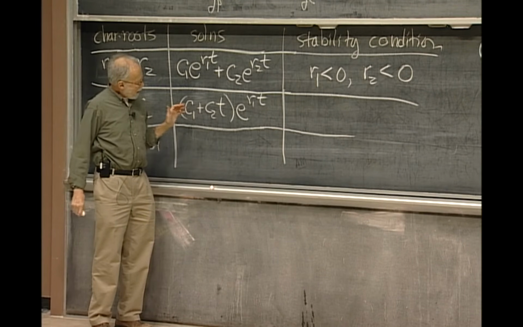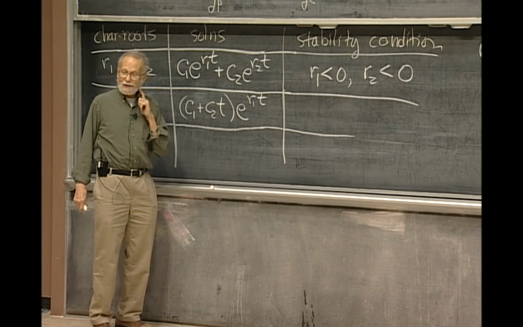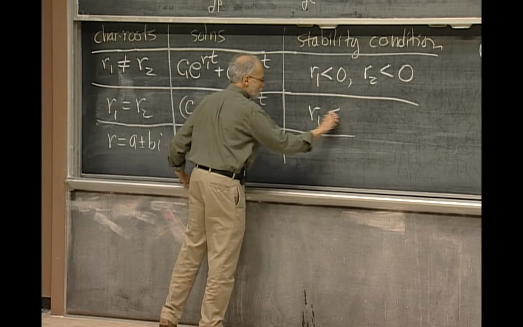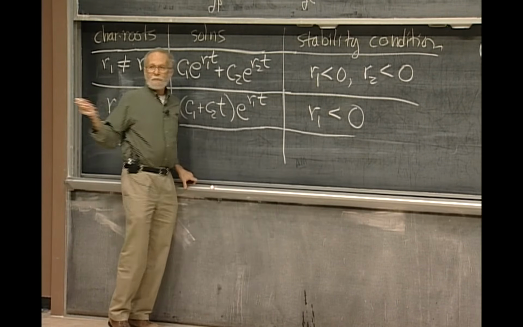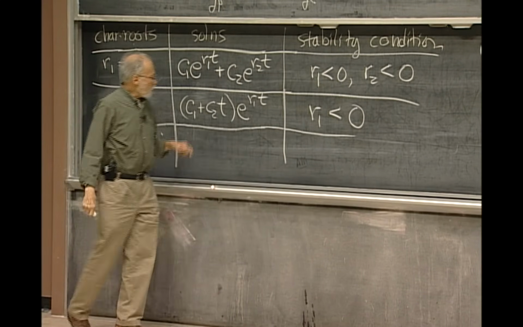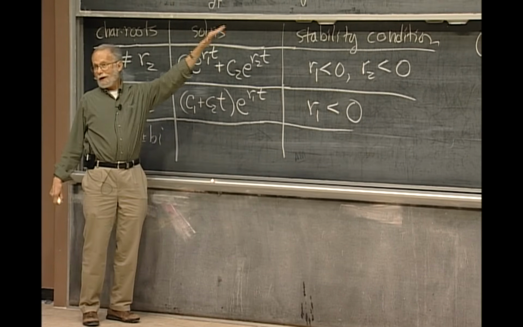But I hope you know what these functions look like and which of them go to zero. They go to zero if R1 is negative. They might rise in the beginning, but after a while they lose their energy and go off. Of course, if R1 is equal to zero, what do these guys do? Linear, go to infinity.